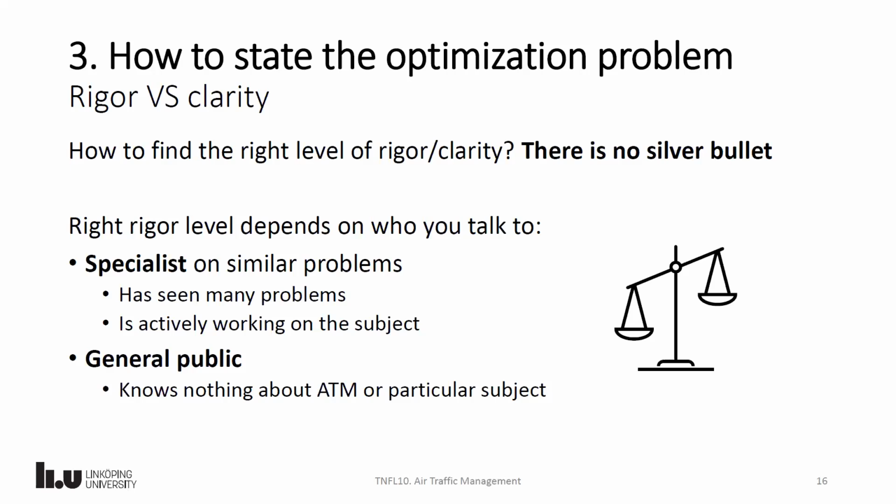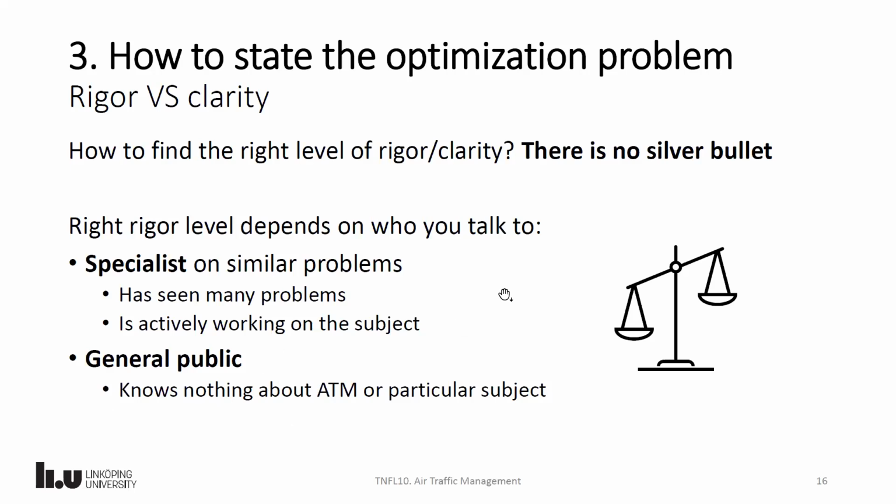So you may have to define everything very well, include equations in your formulation, etc. But if you're talking to the general public, or somebody that's not as experienced in the subject, you may use a more clear formulation, maybe not defining everything, because the more things you define, the more things you give a mathematical context to, the more difficult it gets for somebody that has not all the experience on that subject to understand. So you have to find a balance between these two.